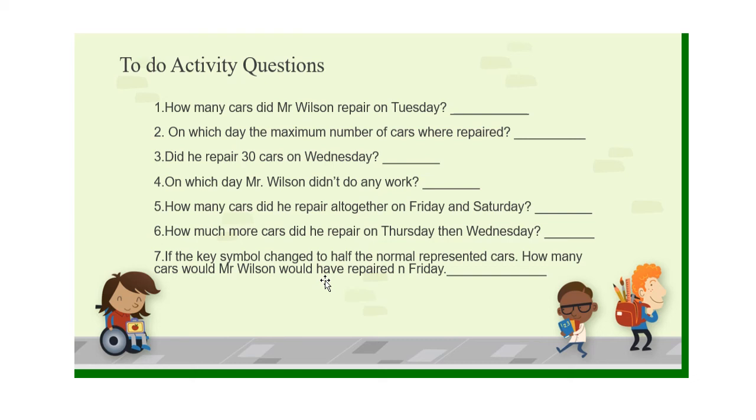So one learner must choose one question. You're not allowed to choose two questions, and you can't repeat a question. You explain how you found the answer, and then you give another learner a chance, and that learner will also choose one question and show us how they got the answer. Okay.